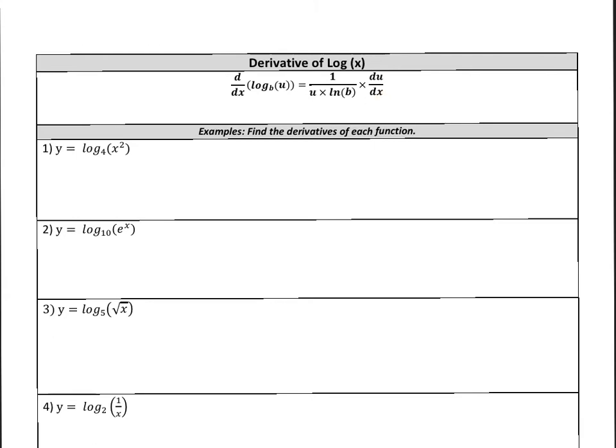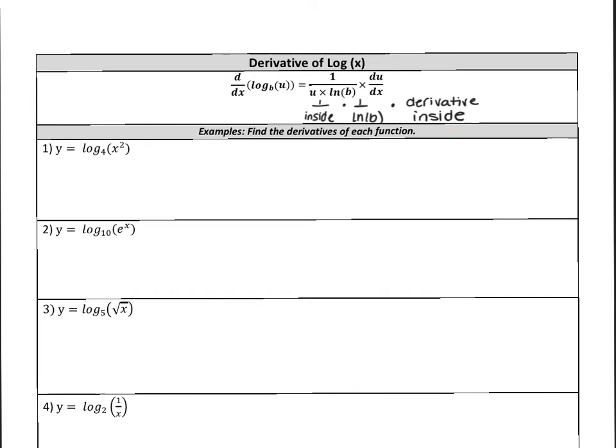So if we want to write it down in words, it's 1 over the inside times, you can even separate this and say 1 over ln of the base times the derivative of the inside. So that might even be easier. I know I put these two on the bottom, but you could technically break it up into multiplication. So 1 over the inside times 1 over ln of the base times the derivative of the inside.